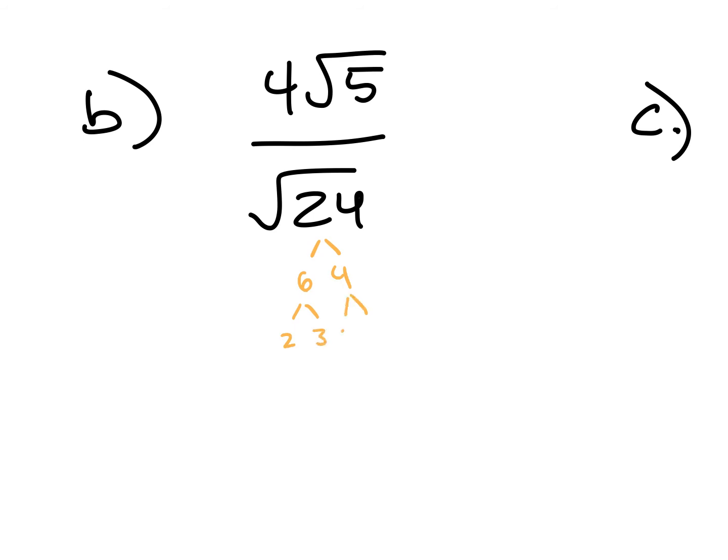And 2 factors of 4? So what would I circle here? The 2 2's. So what comes to the outside? A 2. What stays on the inside? 3 and 2, because those didn't get circled. What do I do to the 2 numbers that stay on the inside? Multiply them. So this is 2 square root 6.